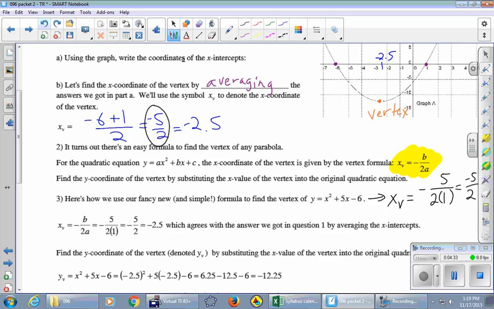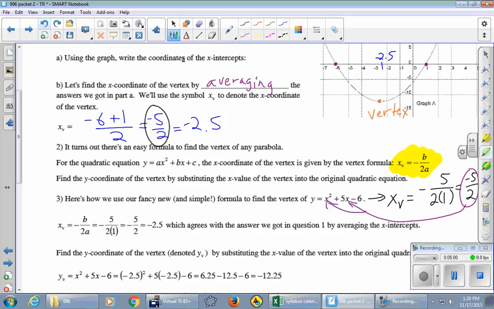Okay. And that's just the x. In order to find the y, this is the same old process. We just have to take that x value and substitute it in for all of the x's and then just calculate, right? So both of those x's would become -5/2. And then we would crunch the numbers together and we would find y. I think that's at the bottom of the screen here.